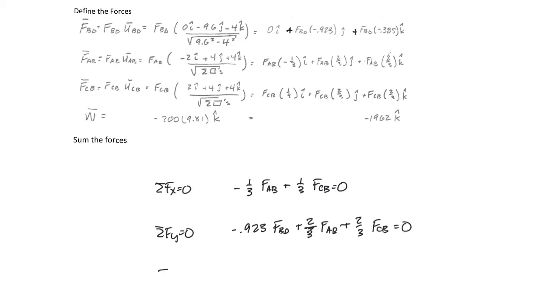And then in the Z direction, I got negative 0.385 FBD plus 2/3 FAB plus 2/3 FCB minus 1962 equals 0.